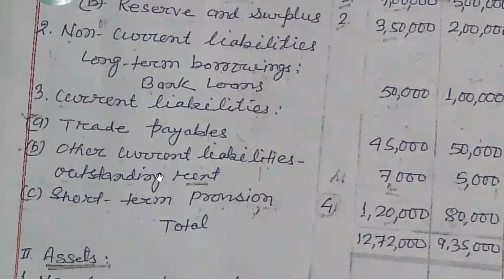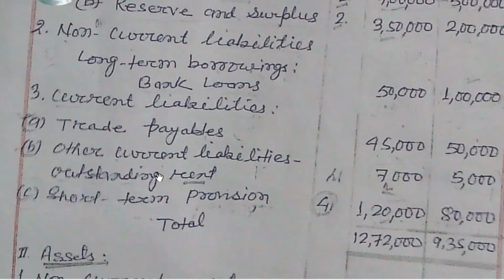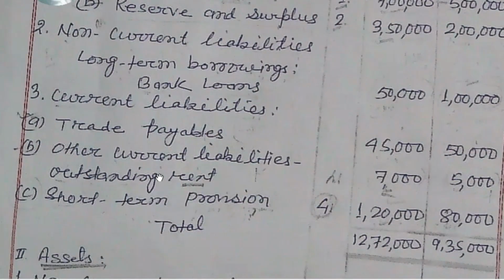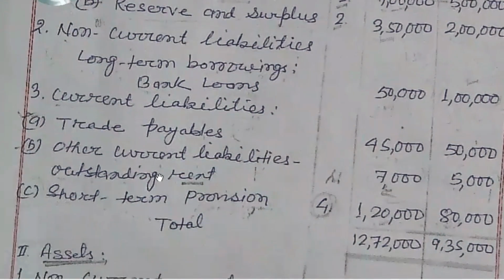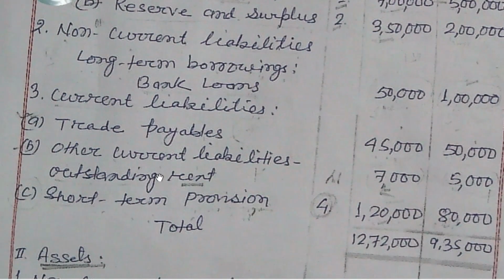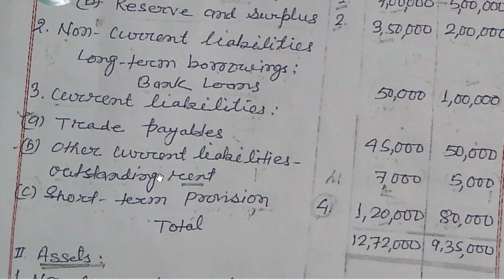In the same manner, here the assets part of the question, non-current assets, and fixed assets are given, and fixed assets are again subdivided into tangible and intangible assets. Tangible assets 5 lakh, no changes showing.